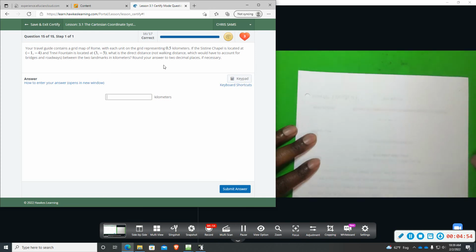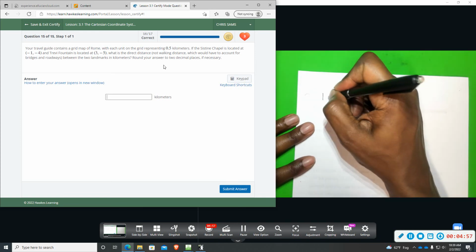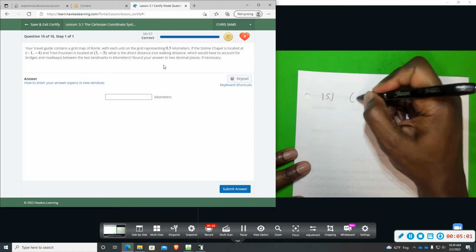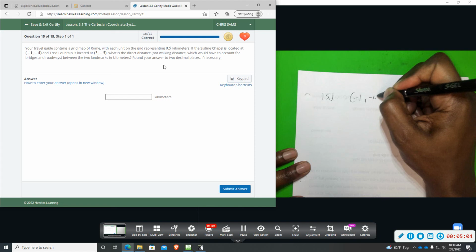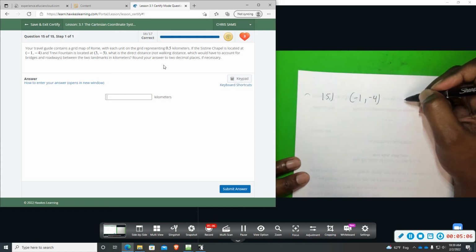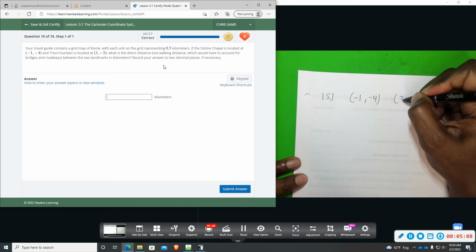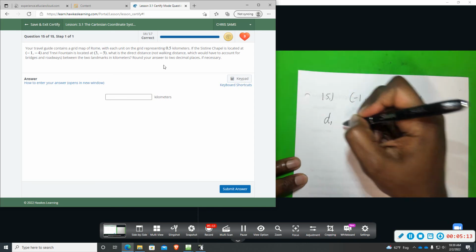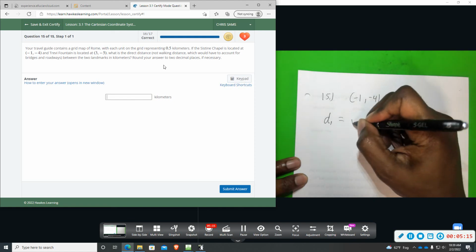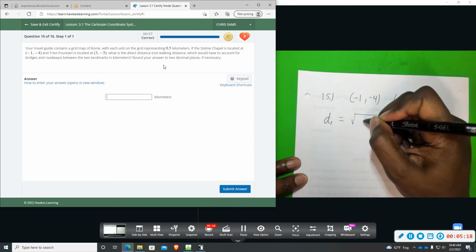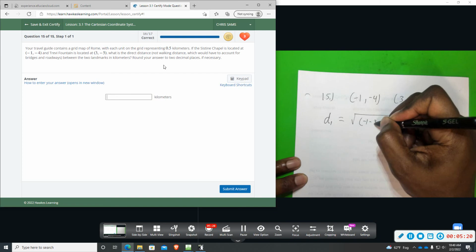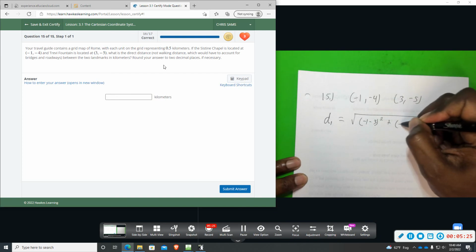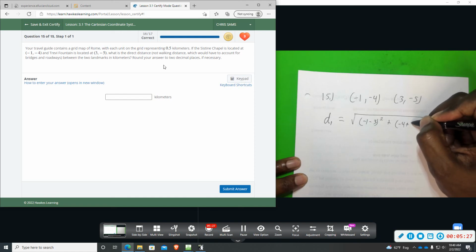So number 15, we have a point, -1, -4. And then we have another point, 3, -5. We'll find the distance. -1 minus 3. -4 minus -5, so it's going to be +5.